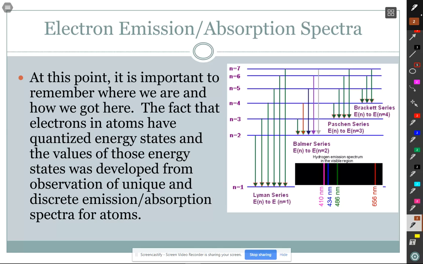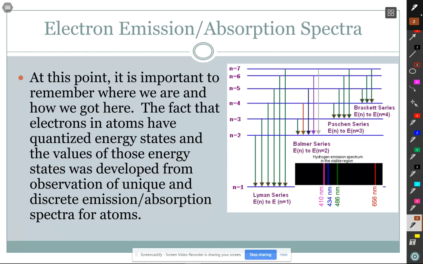And so we can say, okay, there is an energy gap equal to 1240 divided by 410 electron volts. Another energy gap equal to 1240 divided by 434, and so on. So we can directly measure the sizes of the gaps.